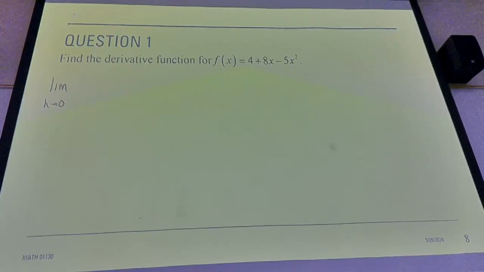So limit as h approaches 0 of f of x plus h minus f of x, all over h.